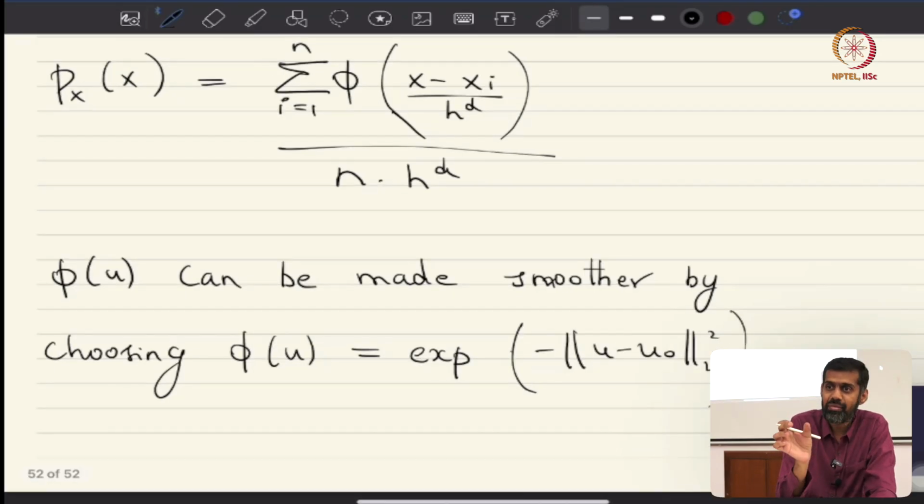Instead of having hard bins, you can make your bins softer, right, by choosing your phi to be this.